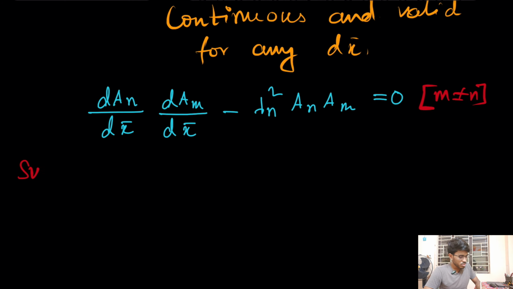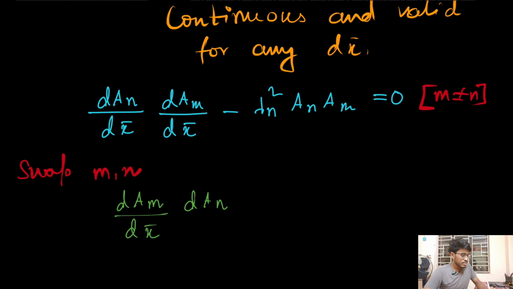So now you just swap m and n, then what will we get? We will get something like this. The first term will remain the same, right? But in the second term we will have lambda m square an into am.